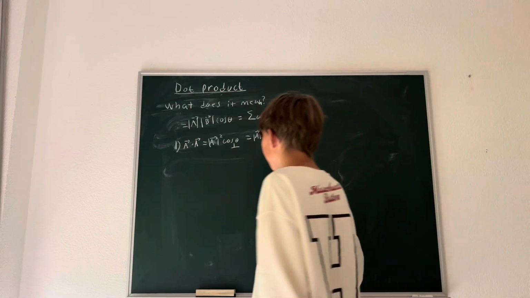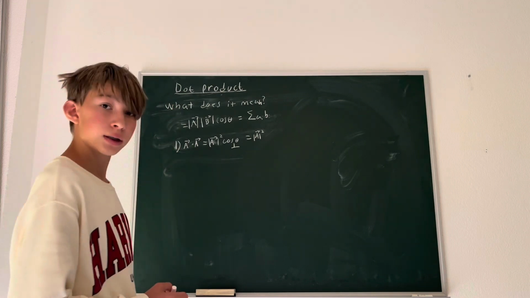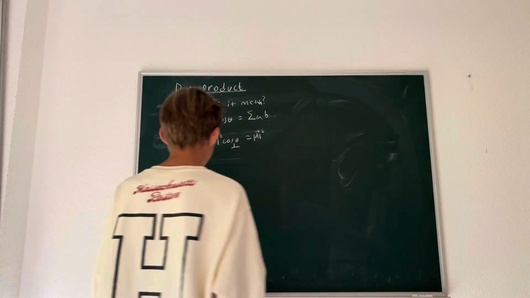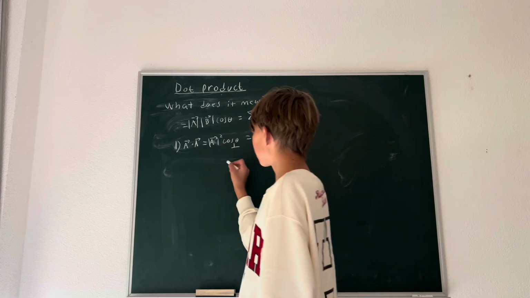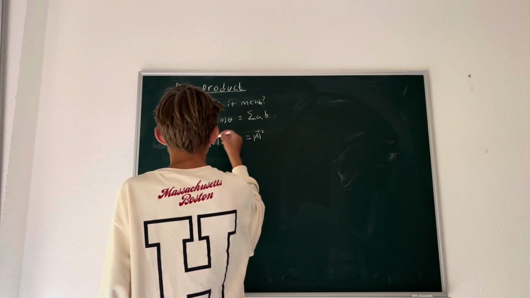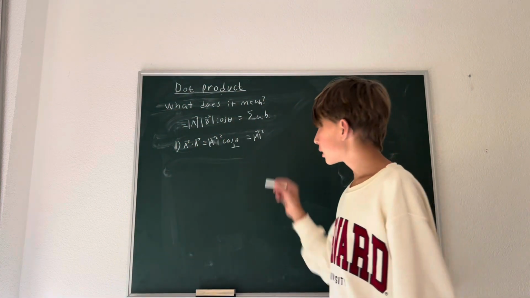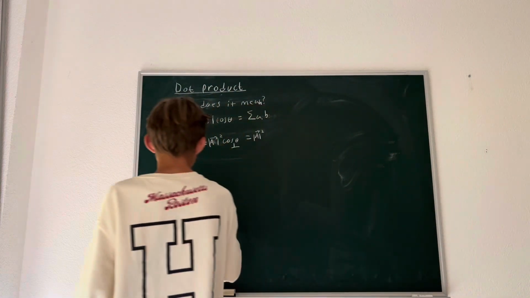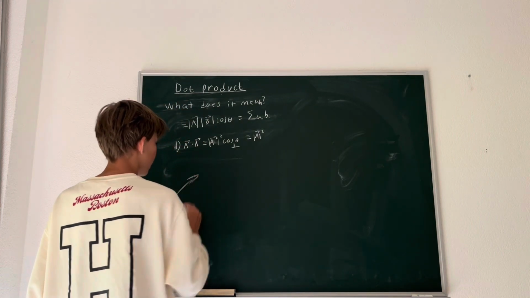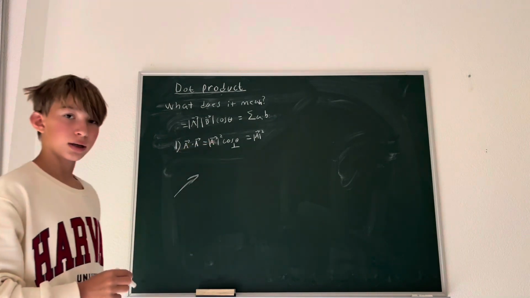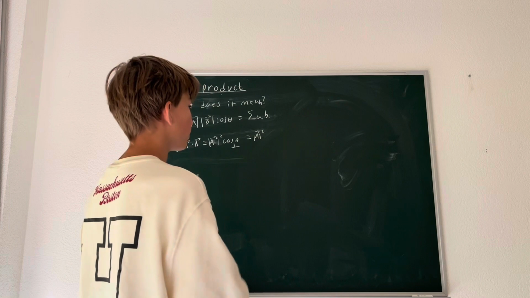So number one, let's say we have a vector and we take a dot product between it and itself. This tells us that this is going to be the length squared times the cosine of theta. But if we draw it, this is going to be A, and this is also going to be A. So theta is going to be 0, cosine is going to be 1.